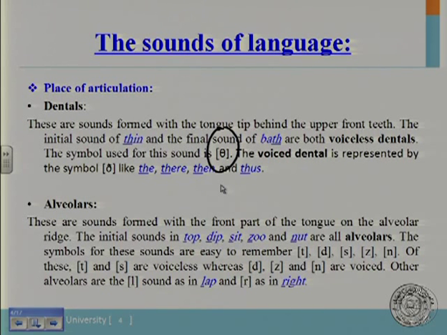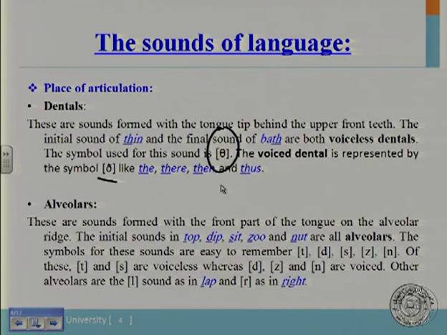Now, the voiced dental is represented by this symbol. We have the voiceless th and the voiced th. Thin is voiceless. It makes no vibration at all.